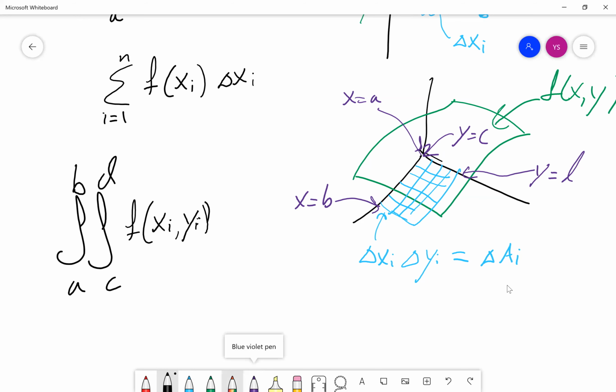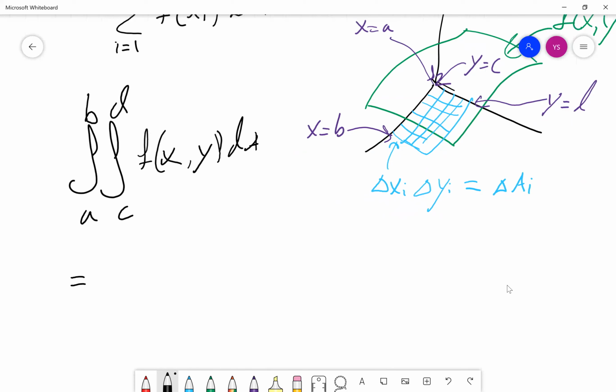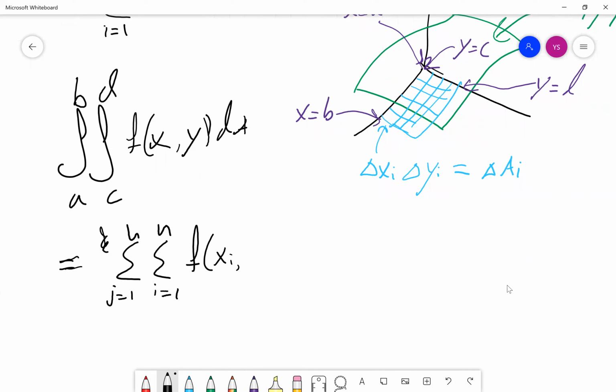Sorry, this is the integral. So let me do the integral of f of x, y dA, and this is approximately the sum, and then another sum, i equal to 1 to n, j equal to 1 to n, f of, let's say, xi, yj, times delta xi delta yj.